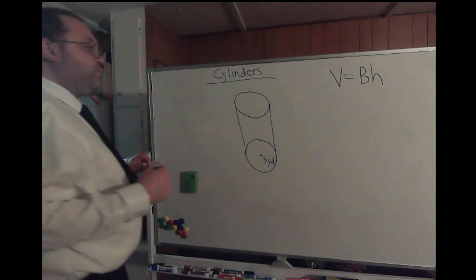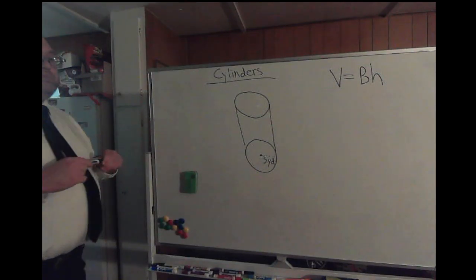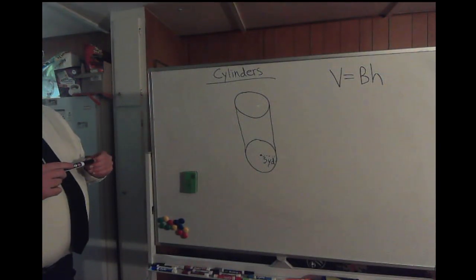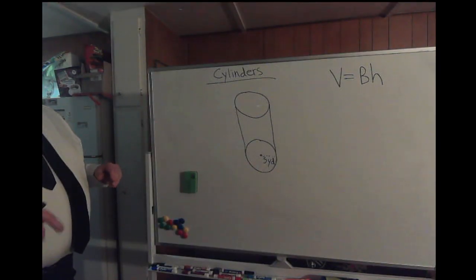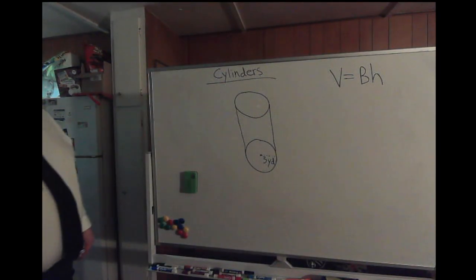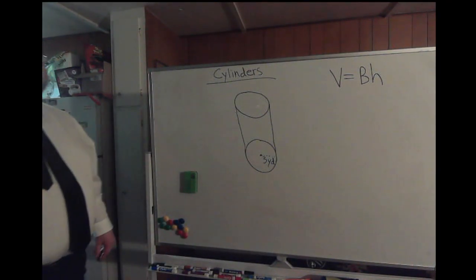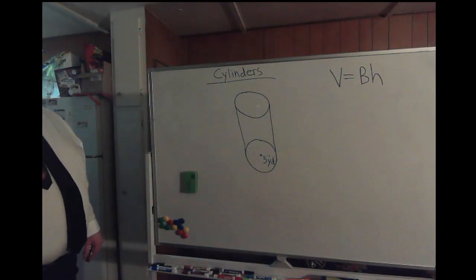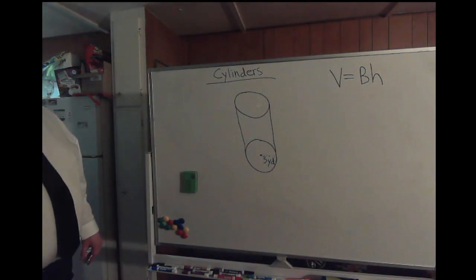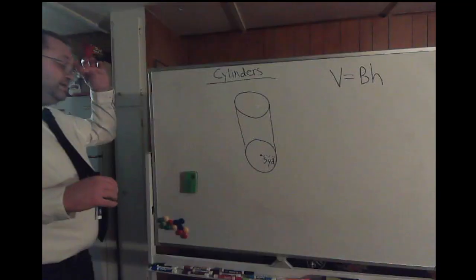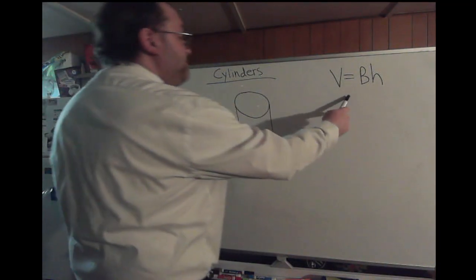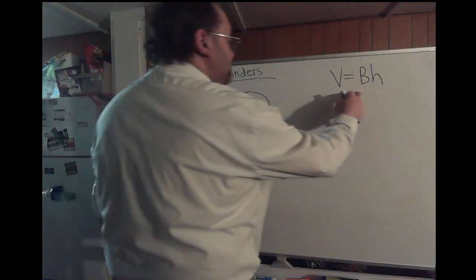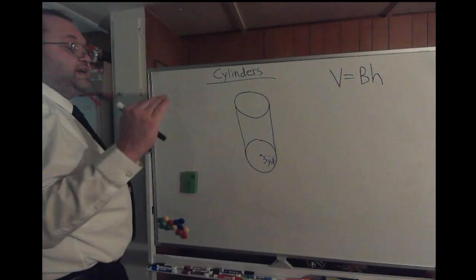We will get into shapes in the next lesson that have only one base, which would be pyramids and cones, the volume of pyramids and cones. But today's lesson, whether it's a cylinder or a prism, the volume is equal to the area of the base times the height.